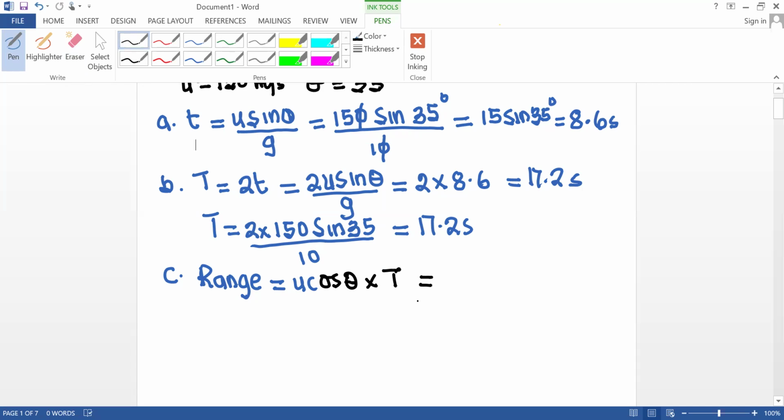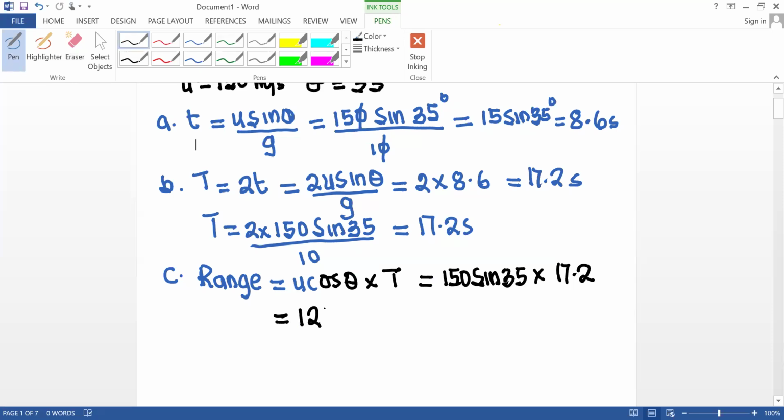If you don't want to use the equation, 150 times sine 35 times the time of flight, which is 17.2. So what is 150 times sine 35? 150 times, that's approximately 123.